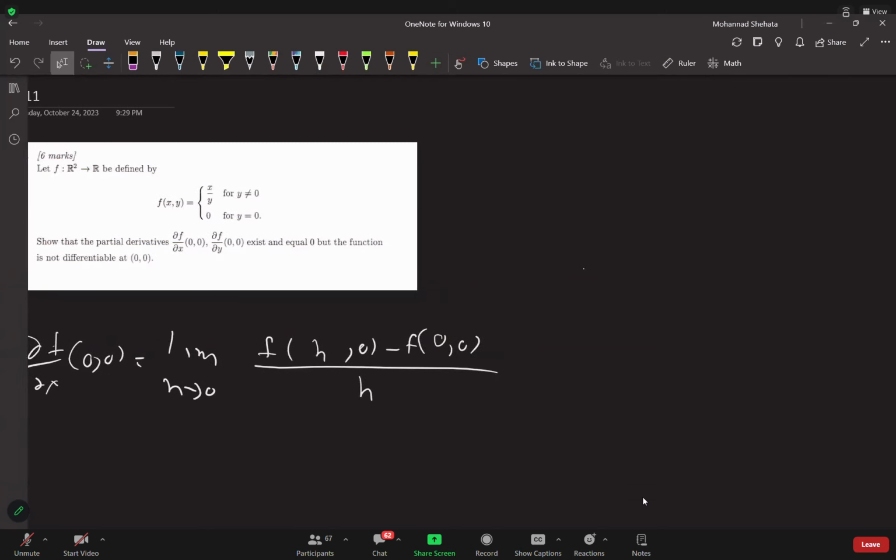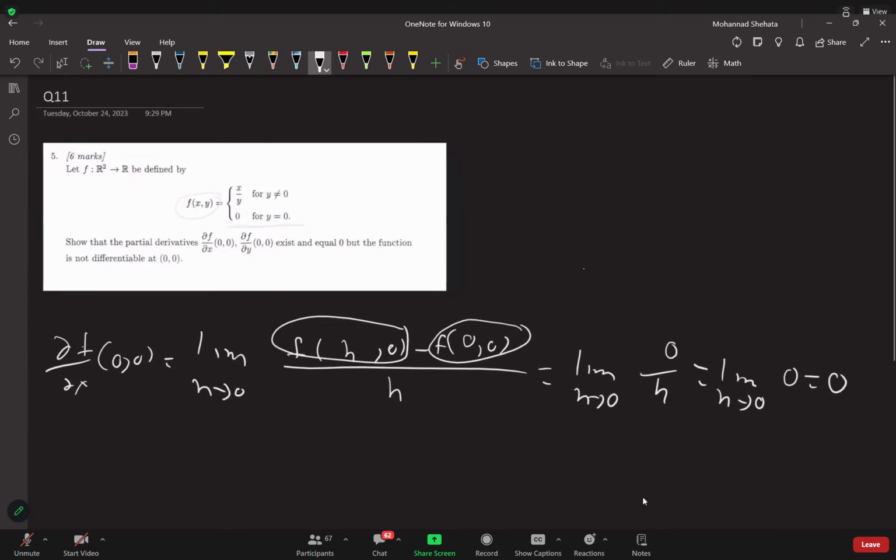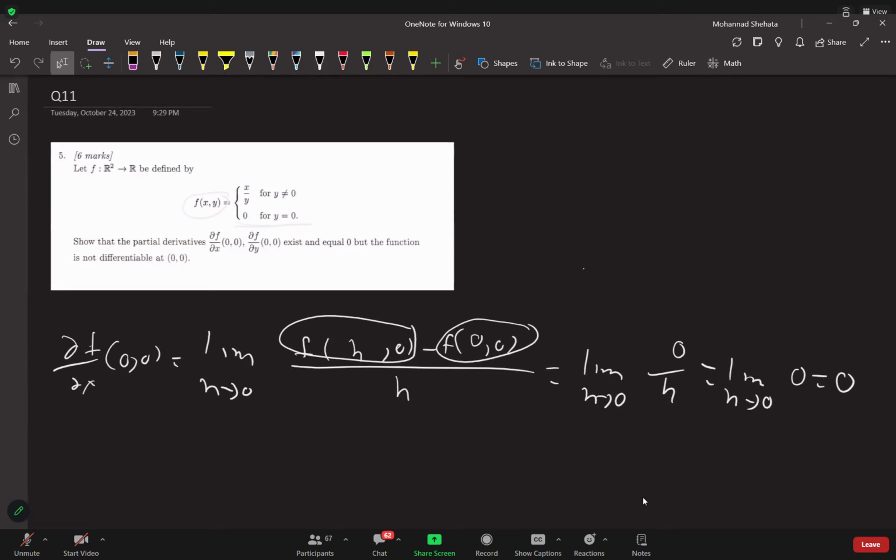Now, how do we compute this? f of (0,0), by the definition of the function, is just 0, right? Because y is 0. And the same here, right? So by definition, this would be the limit as h approaches 0 of 0 over h, or the limit as h approaches 0 of 0, which is 0. So the partial derivative with respect to x is equal to 0.